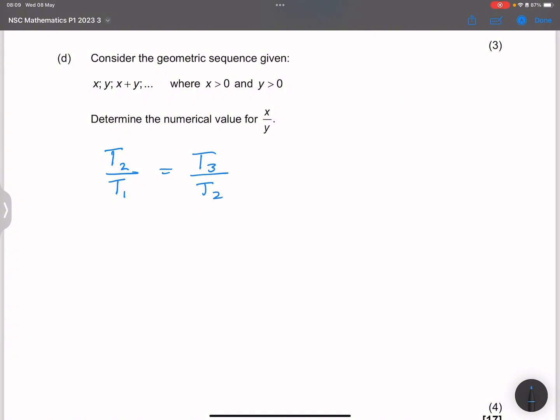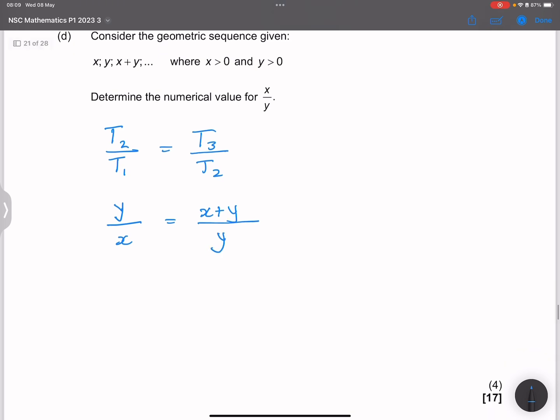So T2 is y, T1 is x, and T3 is x plus y, divided by T2, which is y.